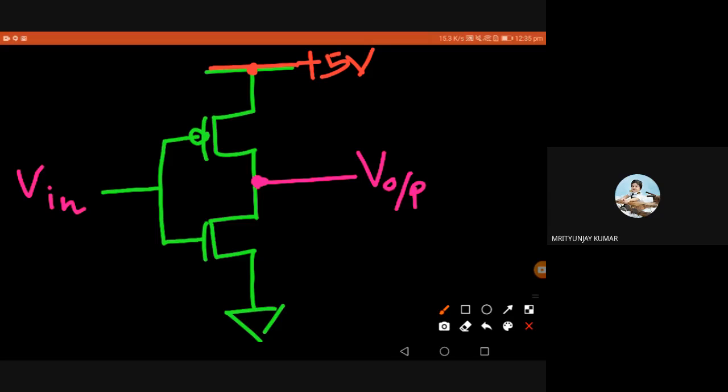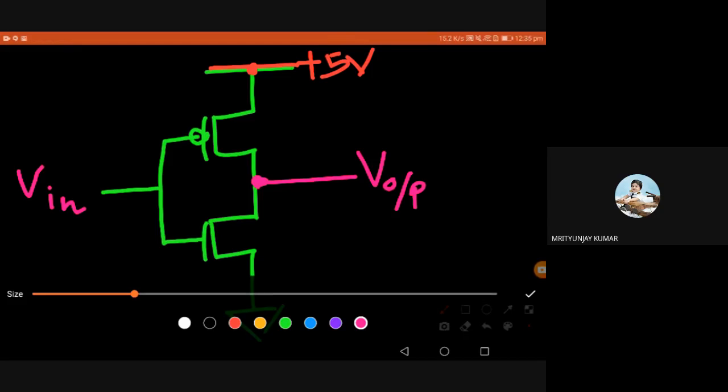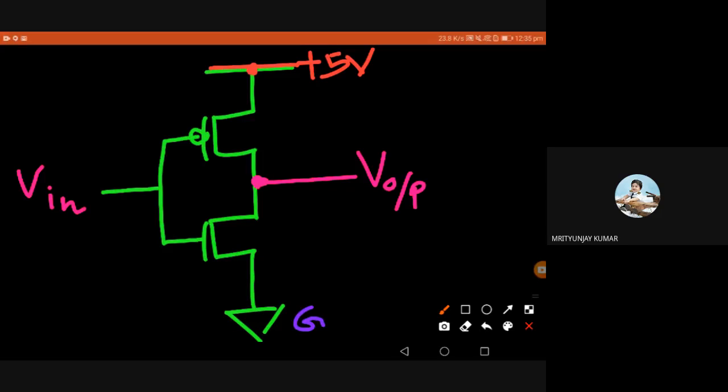Now I want you to tell me what will be the output when input is high and when input is low. Let me tell you the question again. I have two transistors.